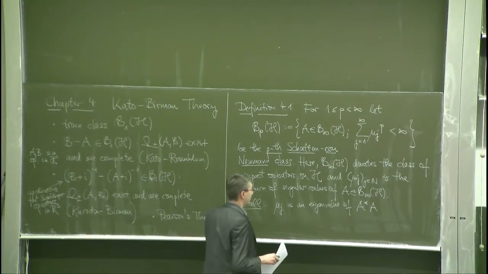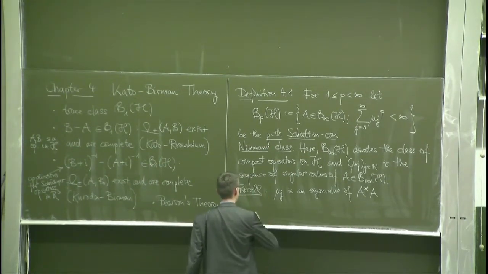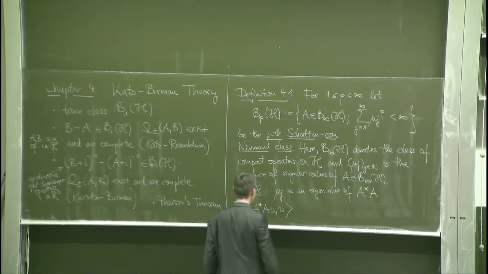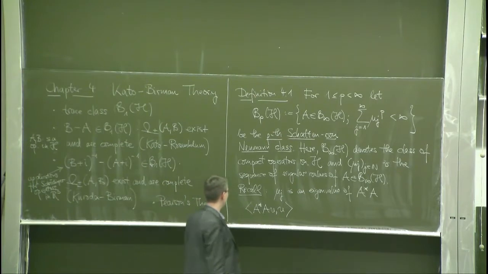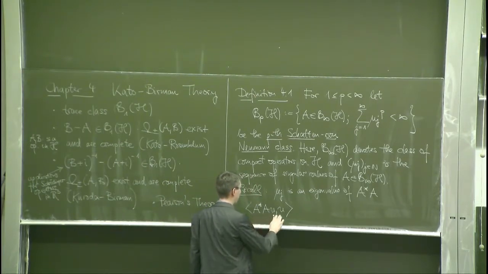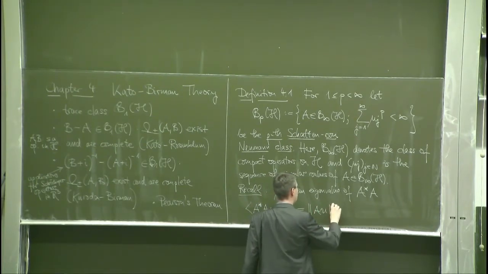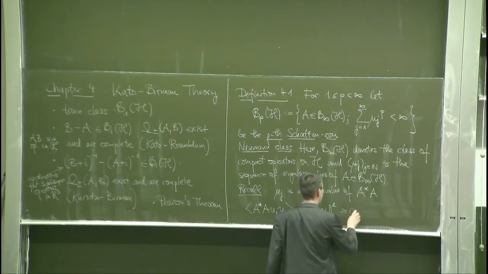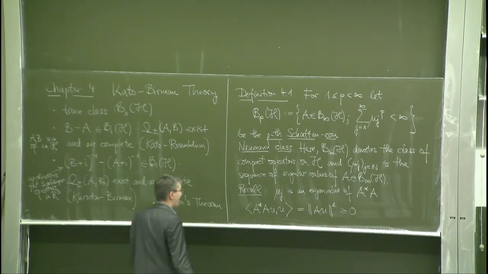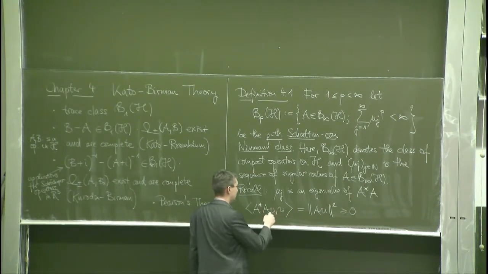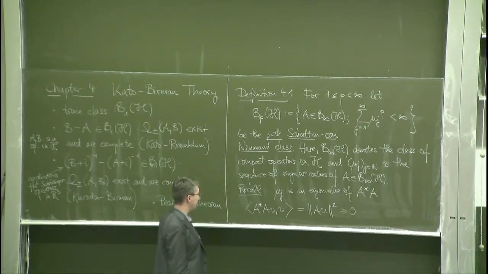Furthermore, if you consider the quadratic form A star A u times u, then of course you can throw the A star to the other side. So this gives the norm of Au to the power of 2, and this is non-negative. This shows that, if you apply this to suitable eigenfunctions, then mu j has to be non-negative.